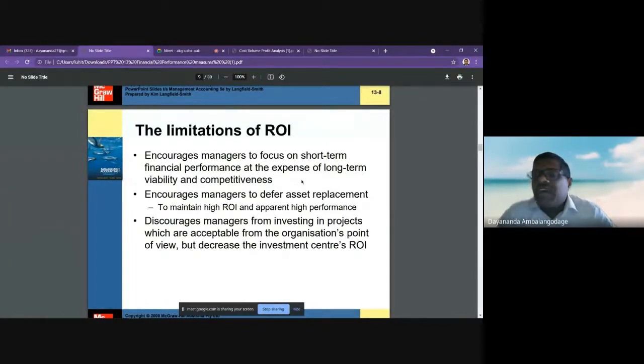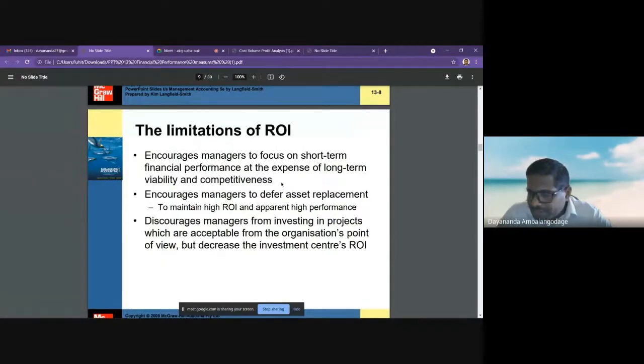You sacrifice the longer-term viability and competitiveness. That's why it says at the expense of long-term viability and competitiveness. So in that sense, ROI is not a good indicator. It encourages short-term financial performance. The second one: it encourages managers to defer asset replacement.